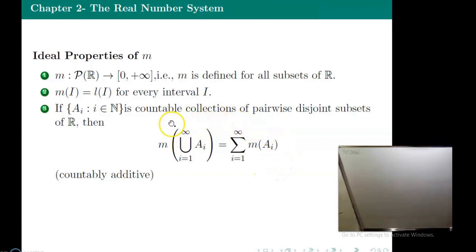So we call this as countably additive. It means M of the countable union is equal to the summation of M of A sub I.